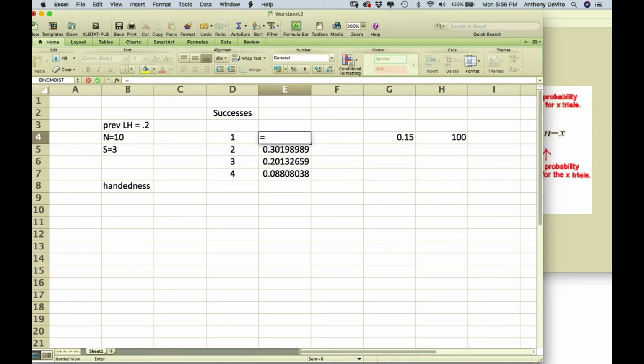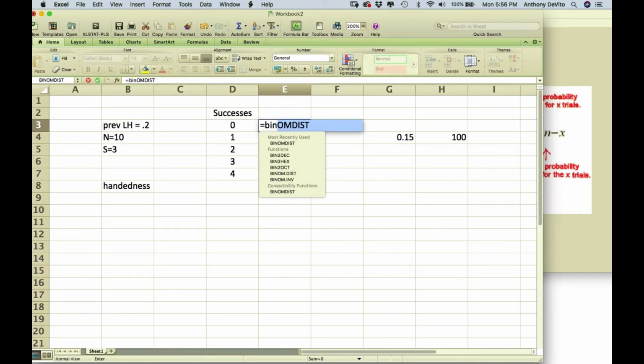So I'm going to do 1 now. Binomial Dist, parentheses. I'm going to go 1, comma, 10, comma, 0.2, comma, false. Am I done on the low side? Is there any other outcome on the low side that I could possibly have out of 10 people? 0. Exactly, right. I could have 0 people out of 10.